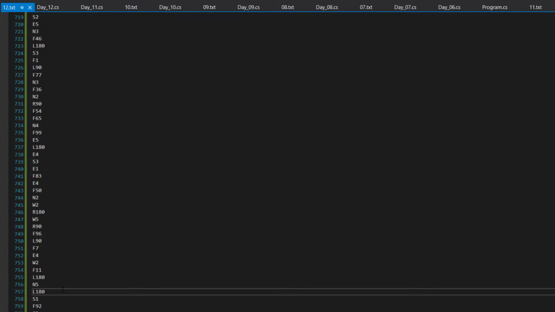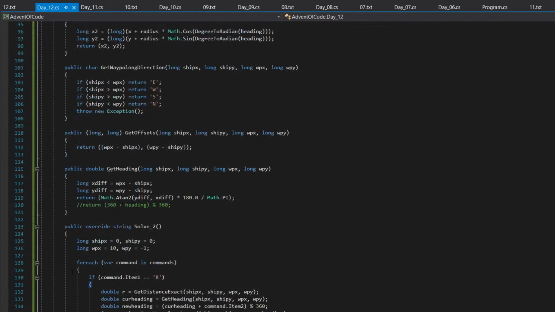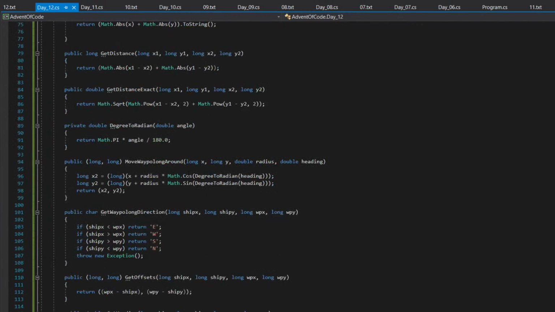Oh dang, now that I think about it, yeah. The fact that we were always going in 90-degree increments meant it didn't matter what the degrees were. That would have saved me a whole lot of time. We didn't need to do this.